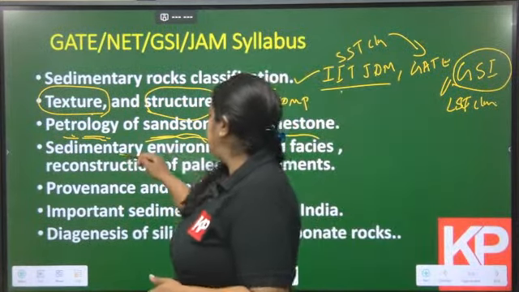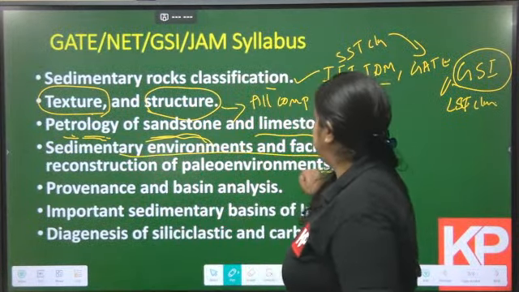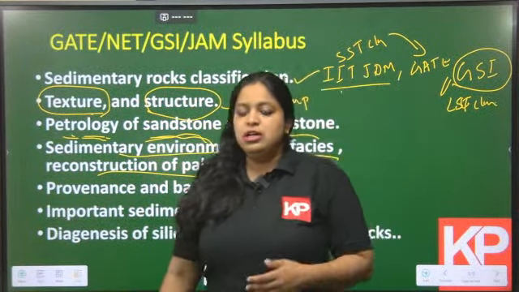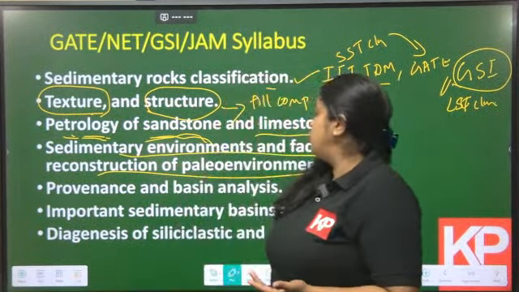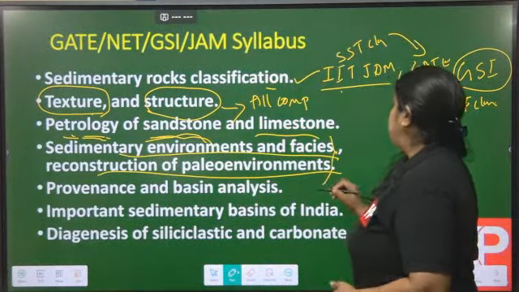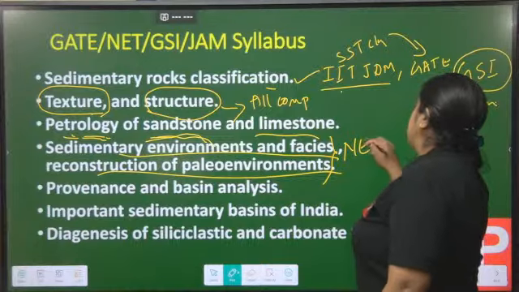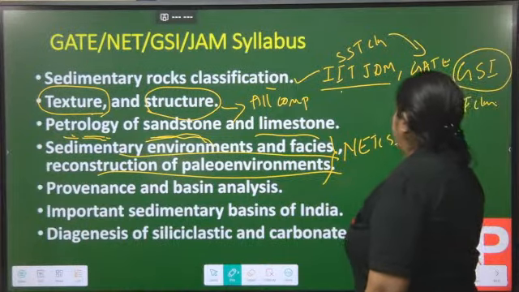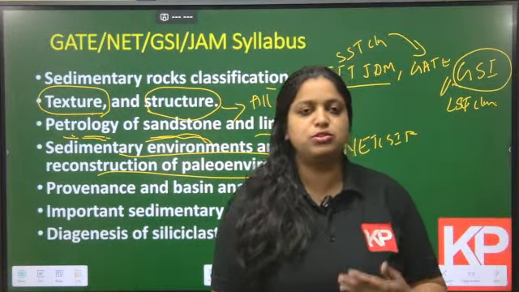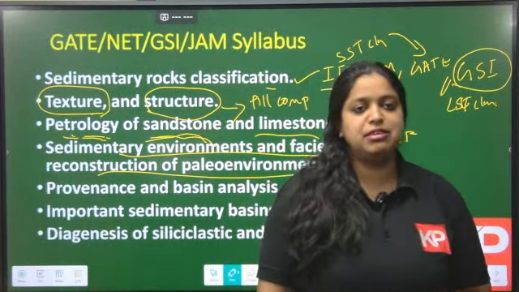Next is sedimentary environments and facies, and reconstruction of paleo-environment. This chapter is mainly associated with the NET CSIR portion. Questions related to sedimentary environments are usually asked in the NET CSIR paper.